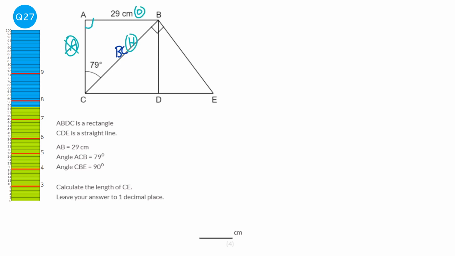We're not using the adjacent. So we're going to just do our SOHCAHTOA, and we've crossed out the A, so we cross out these two. So it's going to be sine. So we know that sine 79 equals the opposite, which is 29 over the BC.